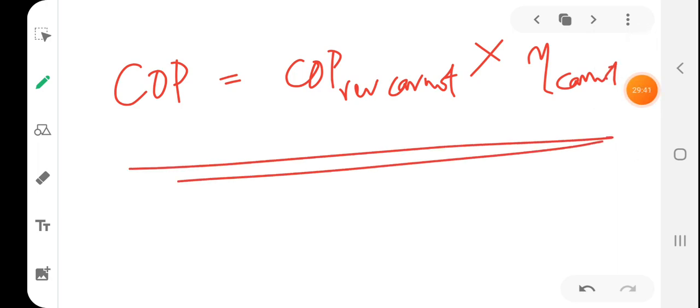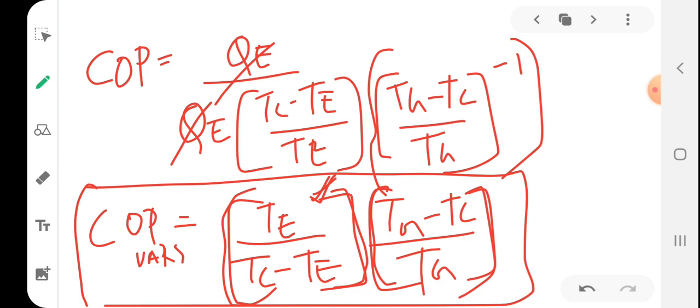So the COP of a vapor absorption system can be written as the product of the COP of a refrigerator working based on the Carnot cycle and the efficiency of a heat engine working on the Carnot cycle. Okay, so this is how you obtain the expression for COP, right?